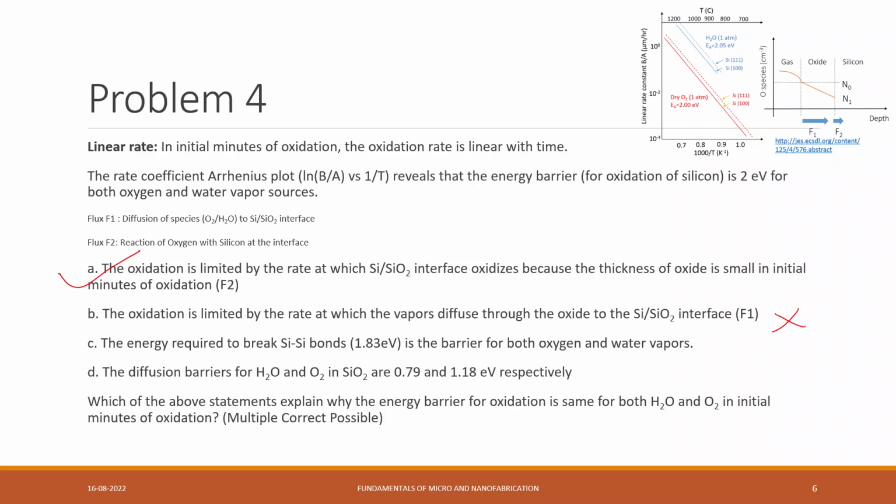That's why this 1.83 electron volt is similar to the activation energy of both the oxidation processes. Right? You can see this 2 and 2.05. It is similar to the energy required to break the silicon-silicon bond. So that's the reason for these similarities.